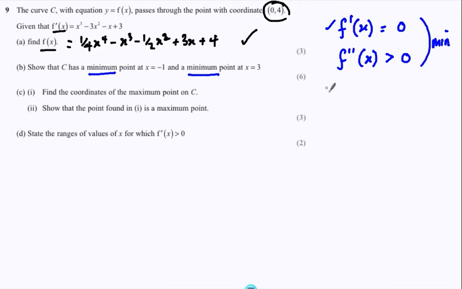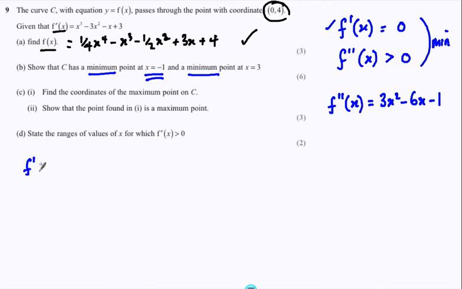I've got to differentiate again, so f double dash of x is what I'm trying to say there. Differentiate, multiply, and then take 1 off the power. There's f double dashed of x, and now all we've got to do is check for these.